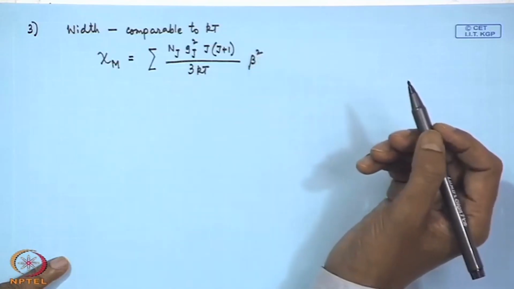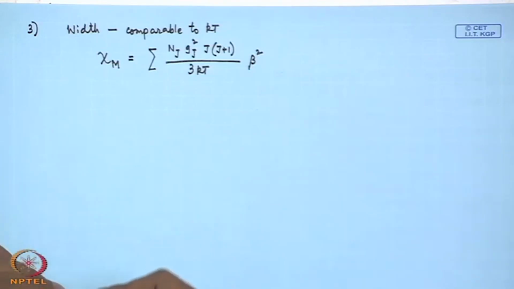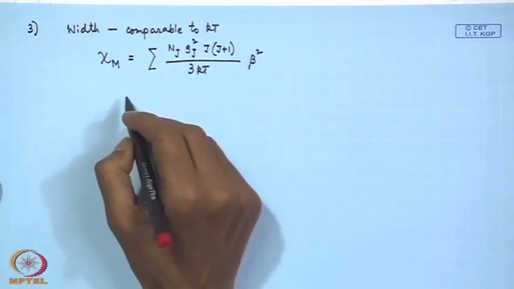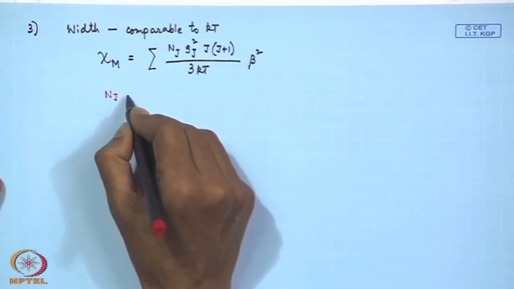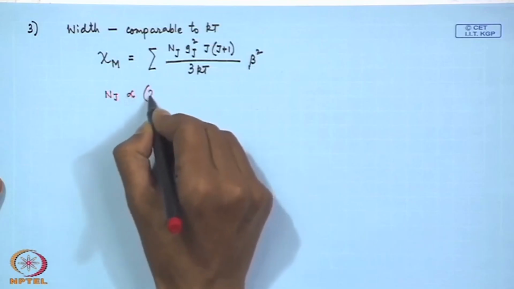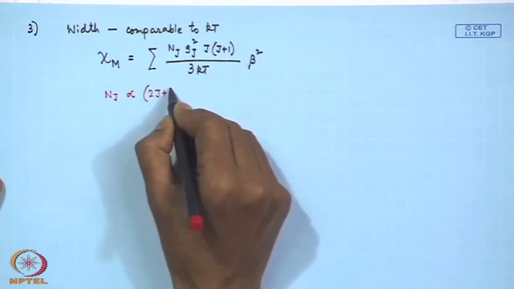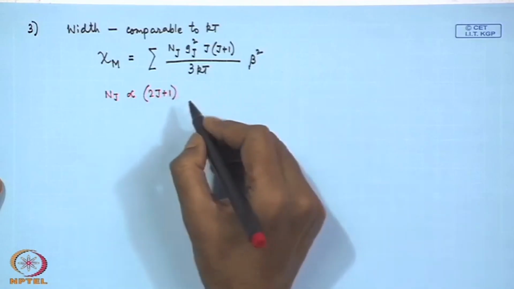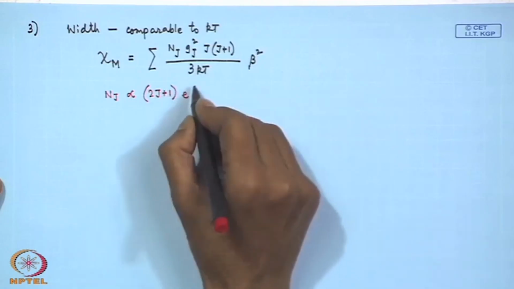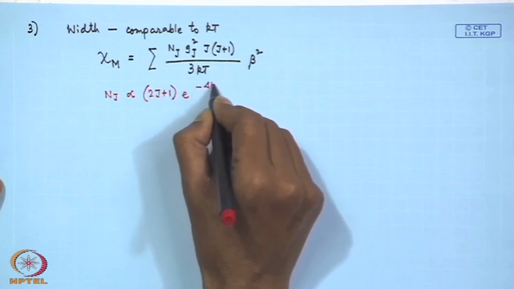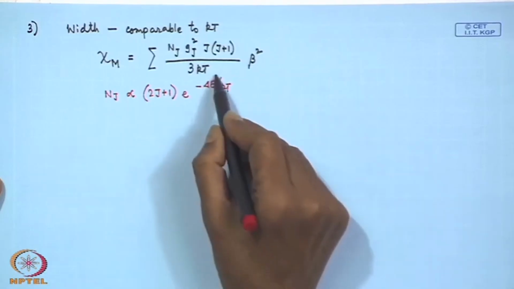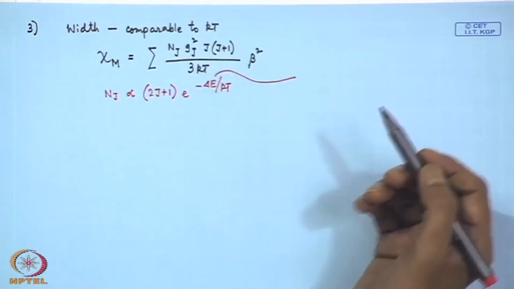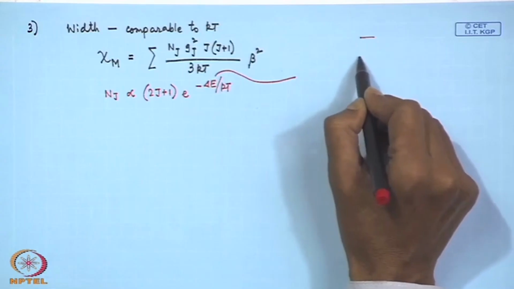This is the form of the new Curie equation for a situation where the multiplet width is comparable to kT. So these N_J values are proportional to the multiplicity related to the J value and exponential minus delta E by kT. And that is the corresponding energy we are talking about for these different levels.